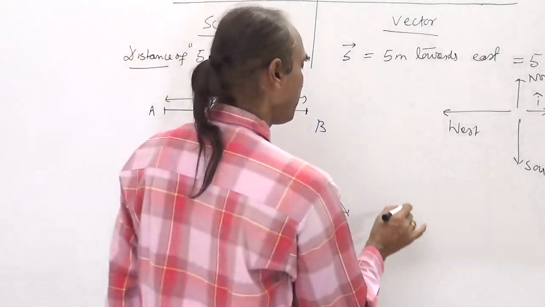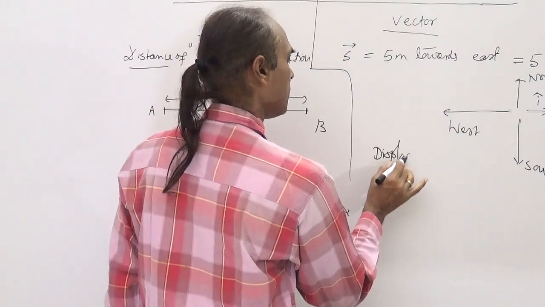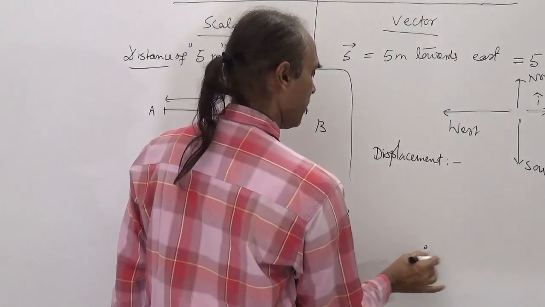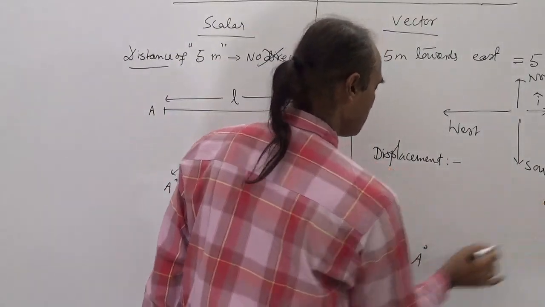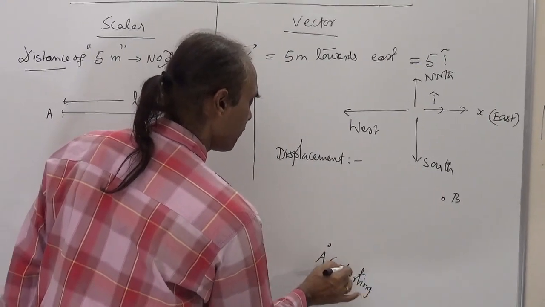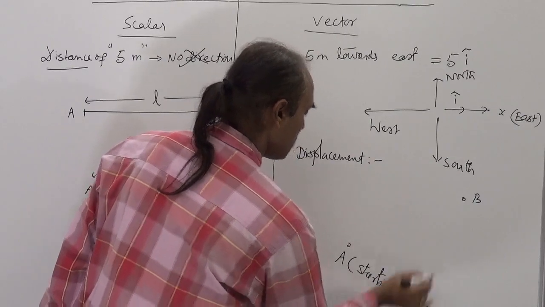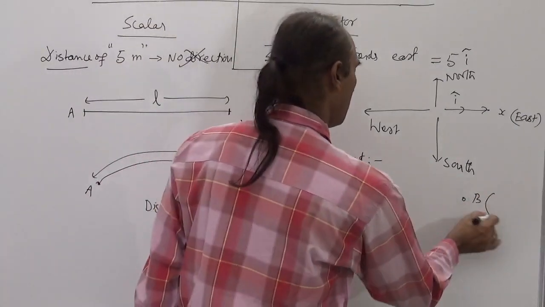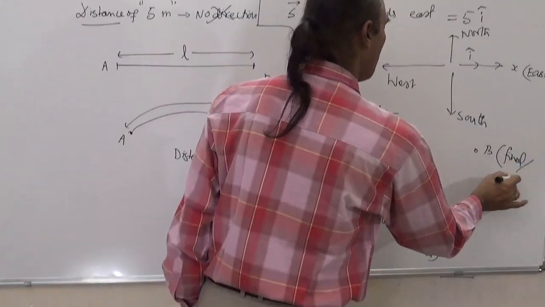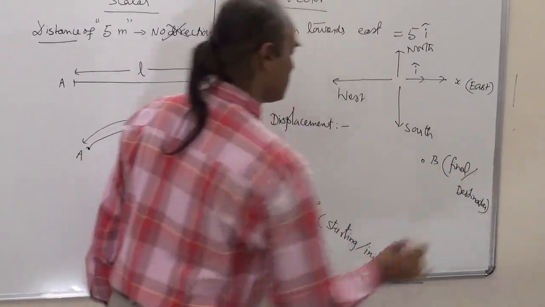But displacement is different. Suppose from A to B, A is the starting point, or you can say initial point, and B is the final point or destination.